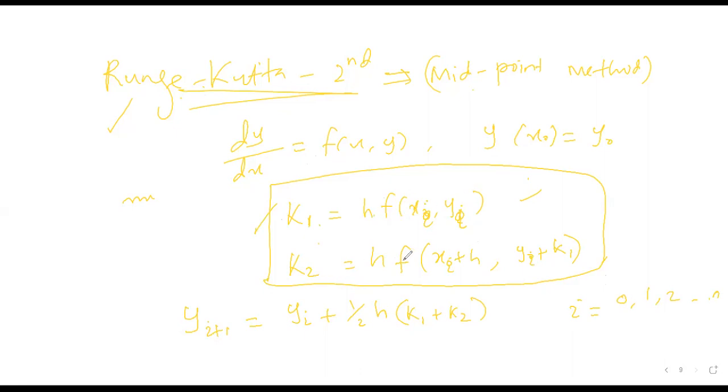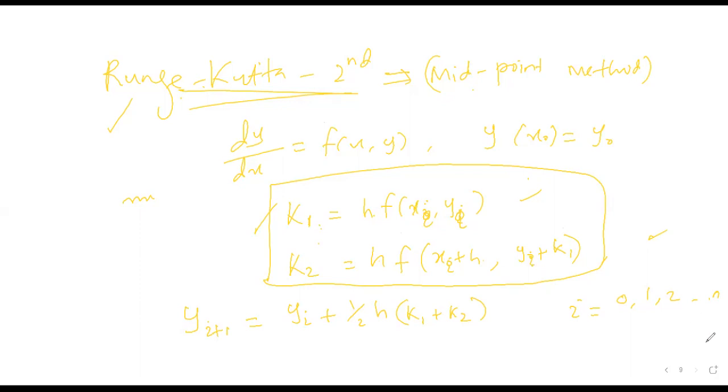K2 will be h times f, but inside the f you have to modify the values. For the x value, you have to put xi plus h. For the y value, you have to put yi plus this K1, okay? So this is what we call the Runge-Kutta second order method. If they ask you to solve a question using Runge-Kutta second order, you have to use this method, okay?